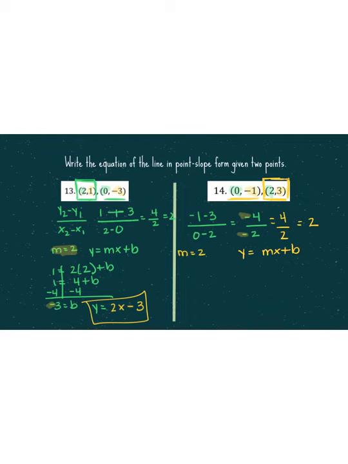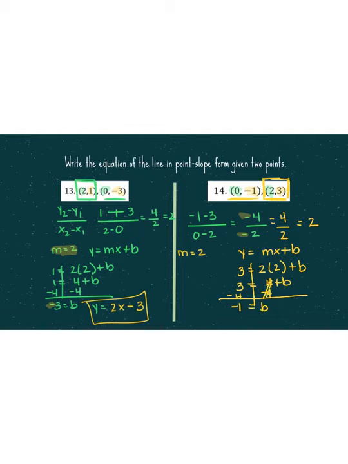Okay, so my y is 3 equals my m, which we found earlier is 2, times my x, which is 2, plus b. 2 times 2 is 4, plus b. That's going to equal 3. Subtract 4, subtract 4. Okay, so negative 1 equals b.